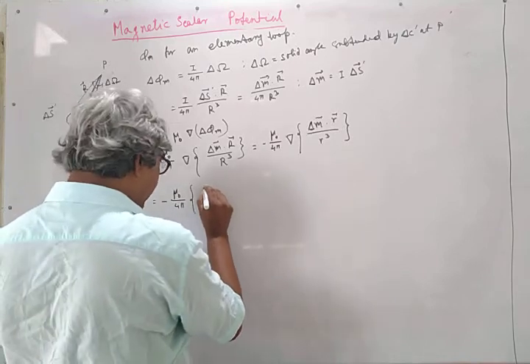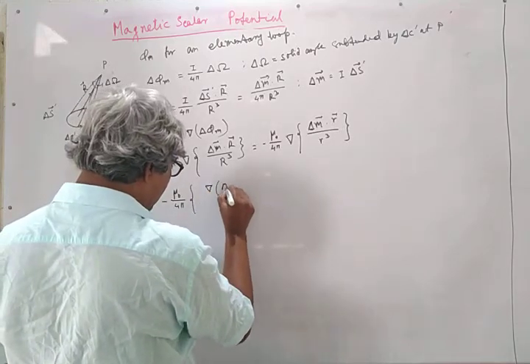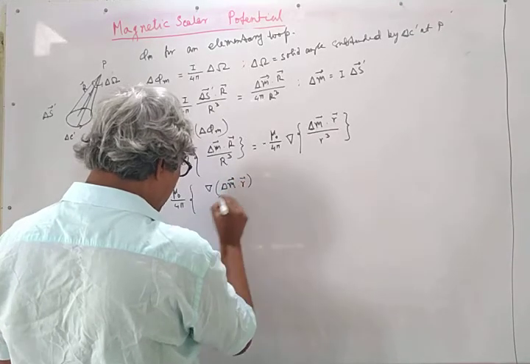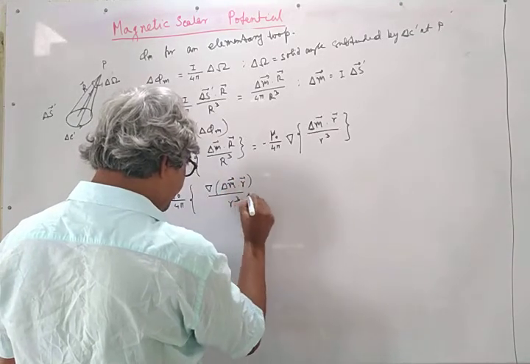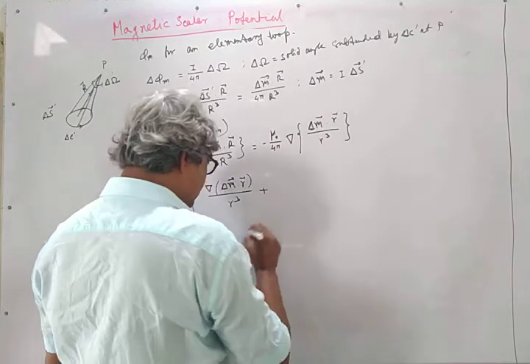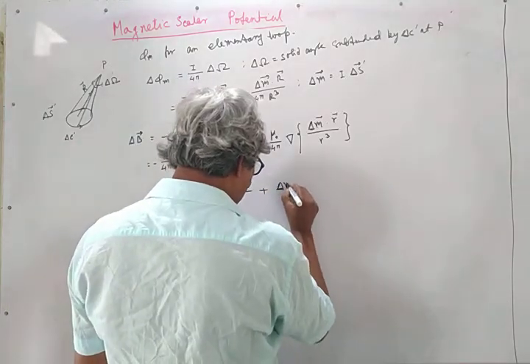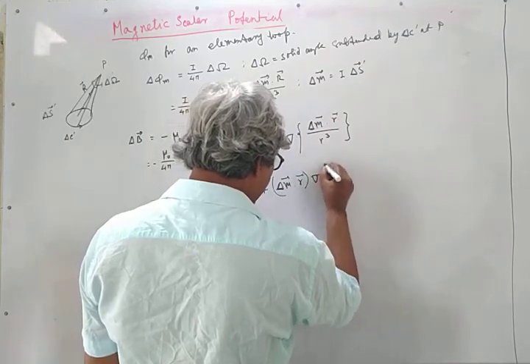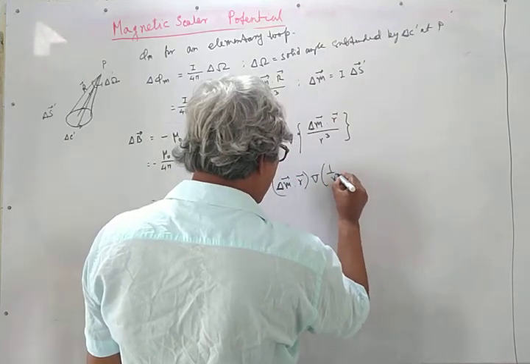One is the gradient of delta m dot r upon r cube, plus delta m dot r times gradient of 1 by r cube.